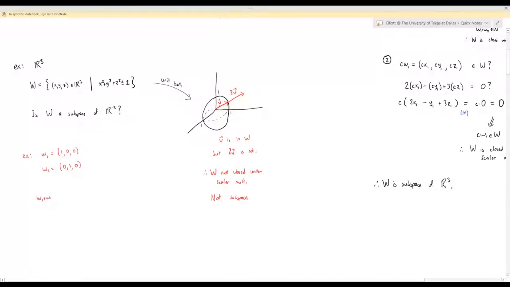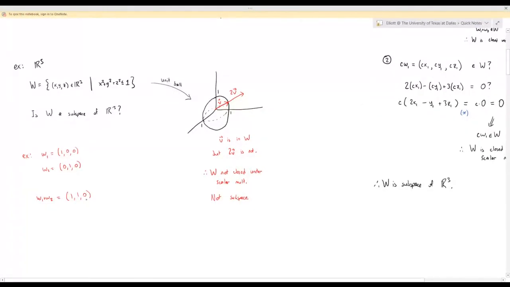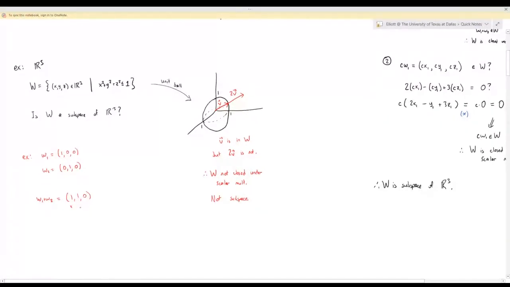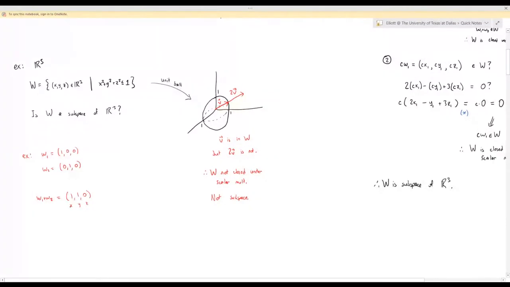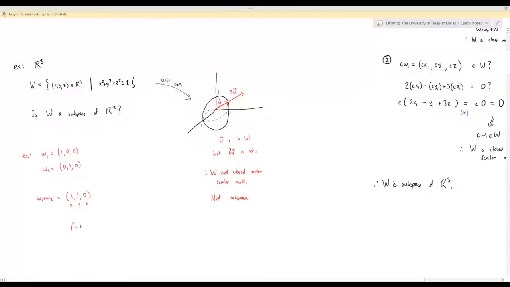When we add them, you get the vector 1, 1, 0. And if we take the x, y, z components of the sum, and we do x squared plus y squared plus z squared, in this case, you're going to get an answer of 2, which is not less than or equal to 1.